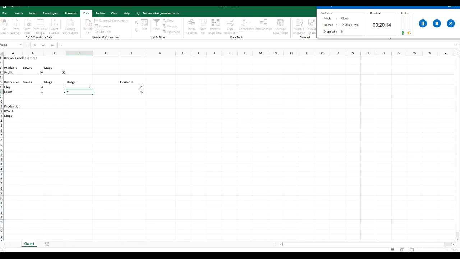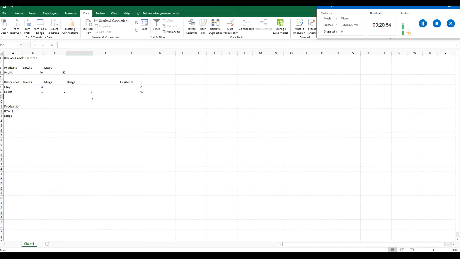So the amount of labor per bowl times the number of bowls plus the amount of labor per mug times our number of mugs. And again, it will be 0 for now, but when we've determined how many bowls and mugs to produce, this number will change accordingly depending on how many we do produce. So that remains 0 for now.